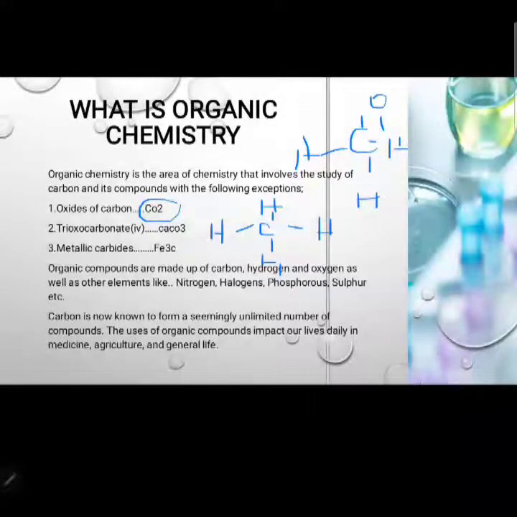These things are organic compounds. Carbon has been known for years. Even your skin has carbon as a component. There is nothing you do every day that carbon is not involved in. So without wasting time, we quickly move into characteristic features of organic compounds.